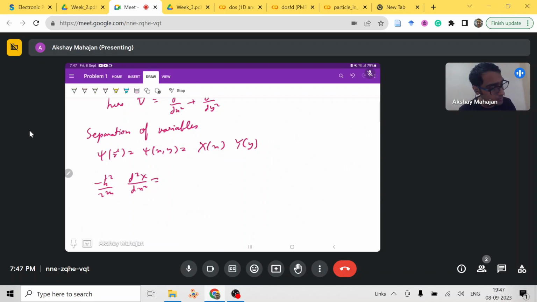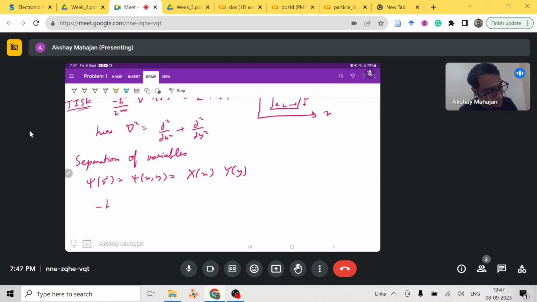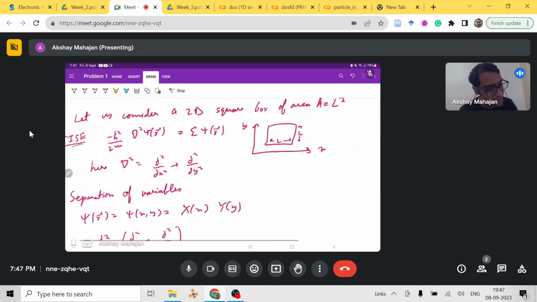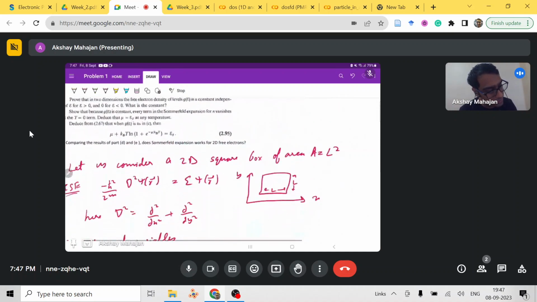Okay, let me just show you how we get these equations. So basically what we have is minus h bar squared by 2m, del squared by del x squared plus del squared by del y squared, acting on psi of r. Psi of r is now X of x times Y of y. Okay, there are two different functions.